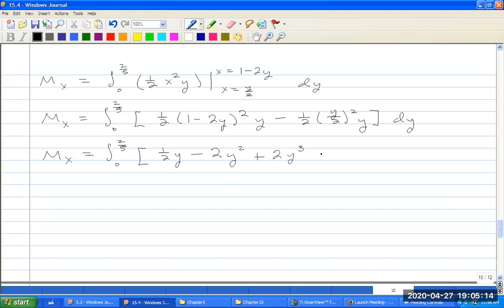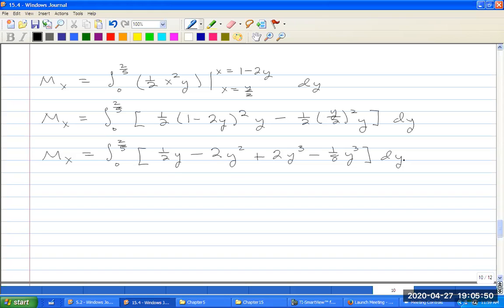Minus, that's a 4th, so that's 1/8 y cubed. Okay, so let's simplify that. Everything else looks the same.